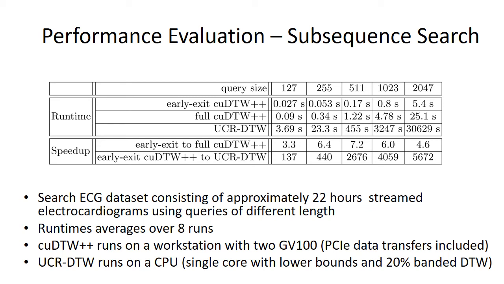We compared the runtime for that with cuDTW++ compared to the state-of-the-art CPU program UCR-DTW, and we can achieve here very significant speedup, also with the early exit version that we have implemented, of over 5,000.